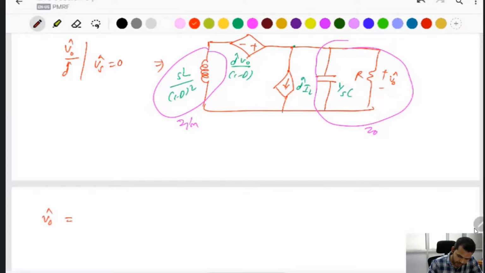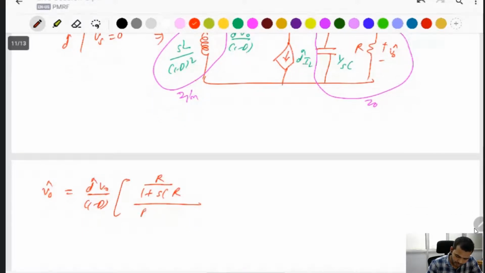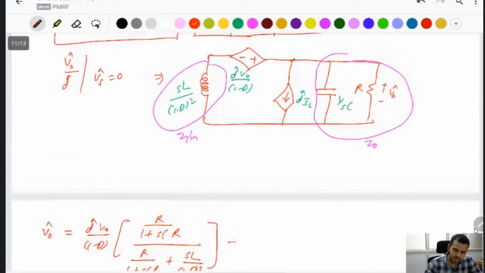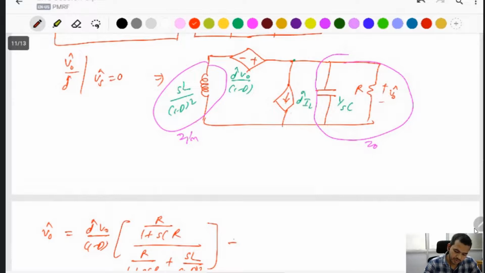Then V net cap is written as D cap V naught divided by 1 minus D, which is the voltage source. Then we find the impedance 1 plus SCR, divided by the total impedance, with SL divided by (1 minus D) squared. See here, when the current is taken, this one is I naught and this one IC. I naught is negative from here.